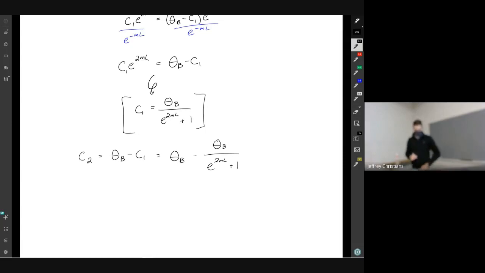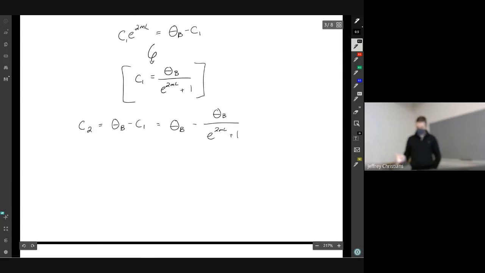If we want to get this over a common denominator instead of having these two different parts, we would multiply the top and the bottom, so this would be theta B times e to the 2 ml plus 1, divided by e to the 2 ml plus 1, minus the other term. So C2 gets a little bit ugly.